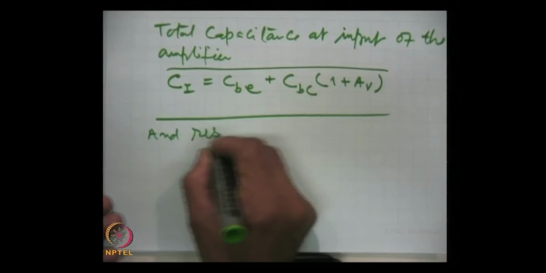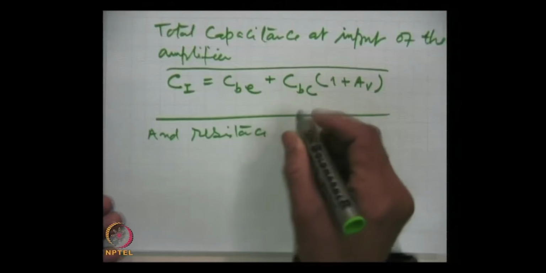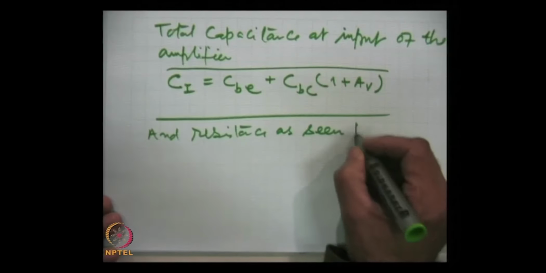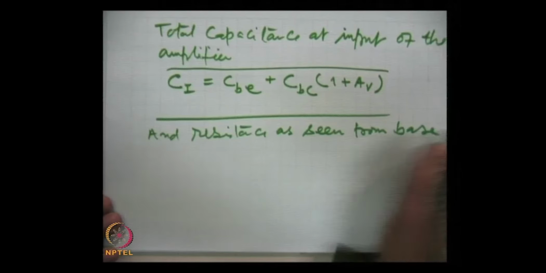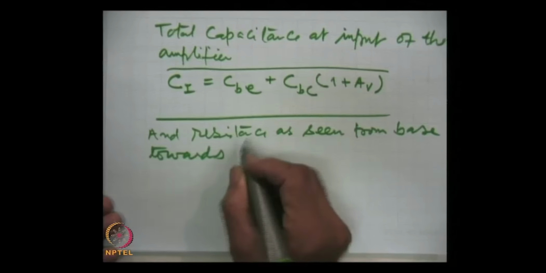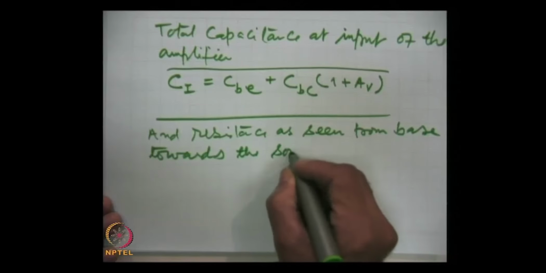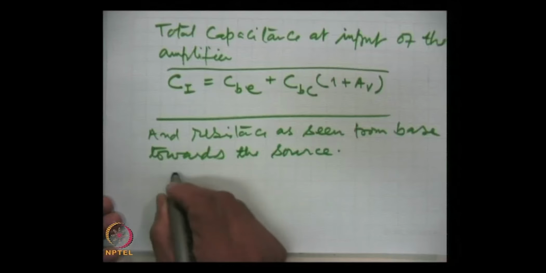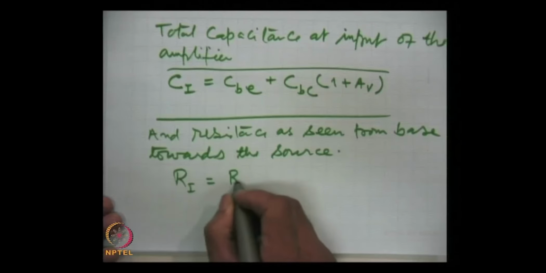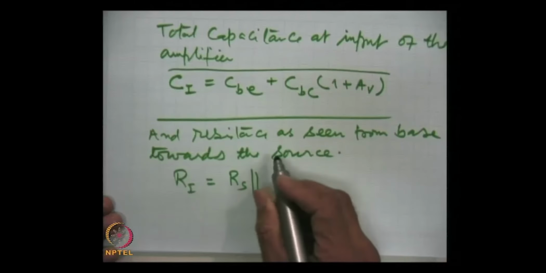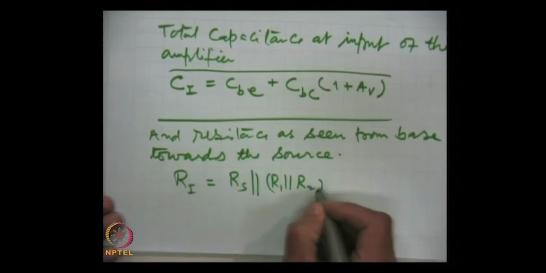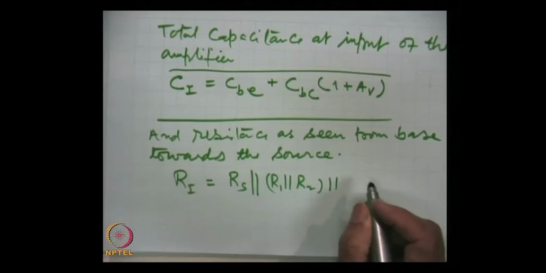And resistance as seen from base towards the source, this will be RI at the input, this is RS in parallel with R1 R2 combination, the biasing resistances in parallel with the input impedance.